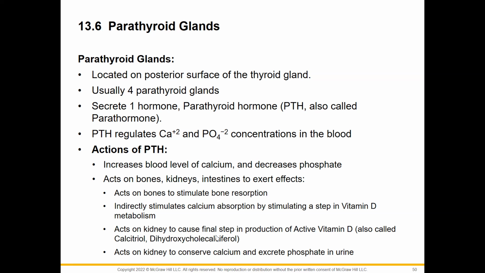It causes the final step in the production of active vitamin D. So, the way vitamin D works is you have this inactive form of vitamin D floating around in your bloodstream once the sun hits your exposed skin. And it's important that you understand that the skin has to be exposed, meaning no clothing on the skin, no sunscreen on the skin.